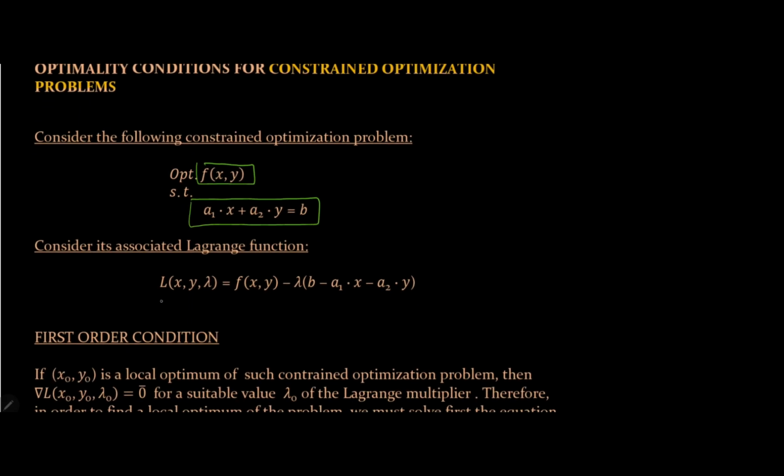We have a Lagrange function associated, where we have this original function, the Lagrange multiplier, and then the constraint written as b minus a1x minus a2y.